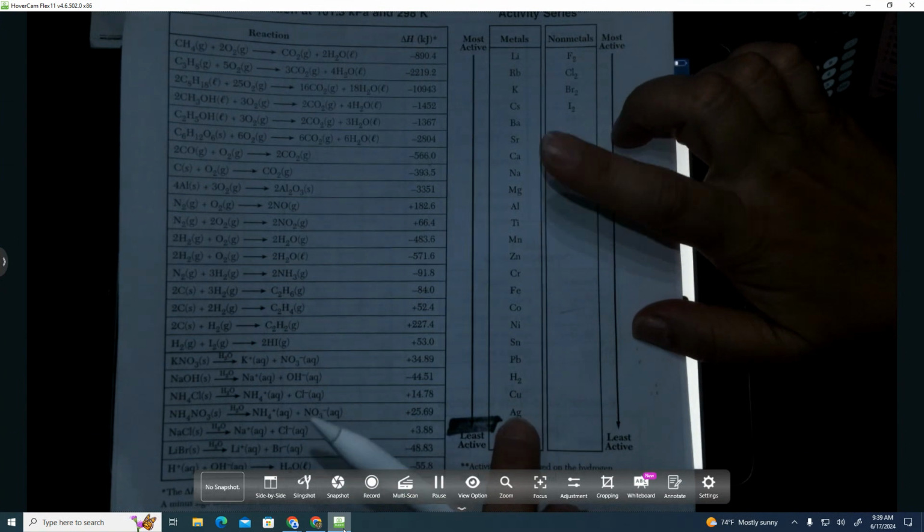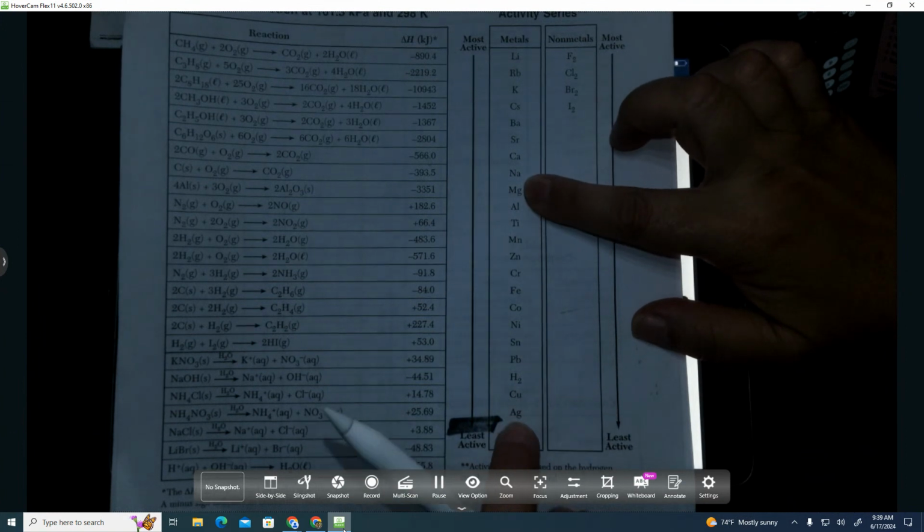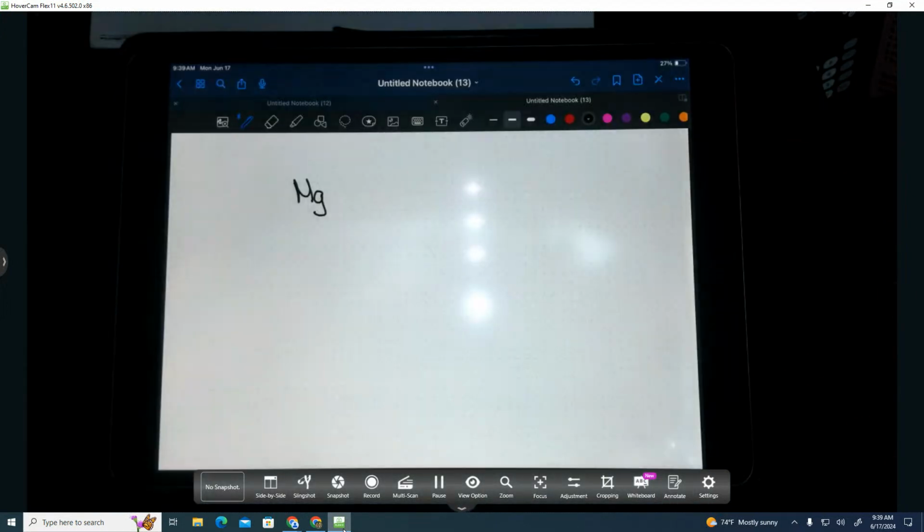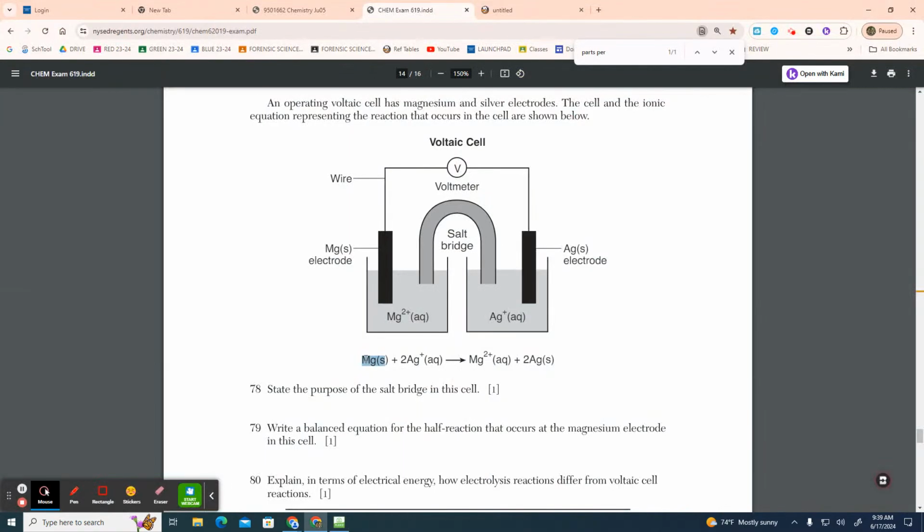Magnesium is above silver, so magnesium is oxidized and silver is reduced. Or you could look at this equation, which shows magnesium going from 0 charge to a +2, which means it's Leo, which means it's oxidized. So magnesium is being oxidized.